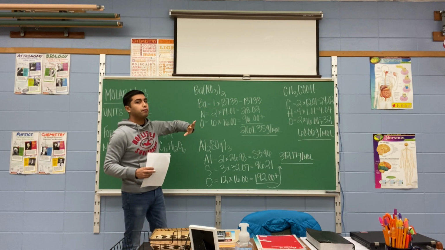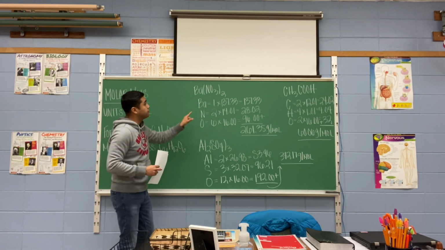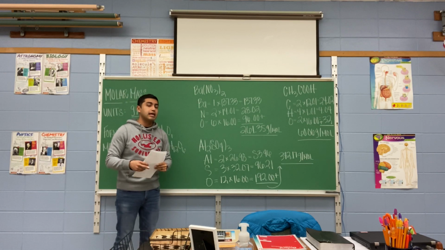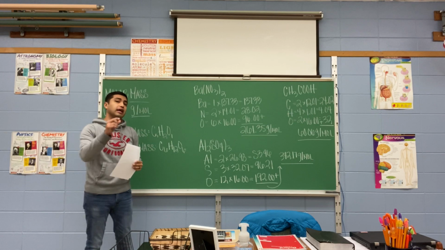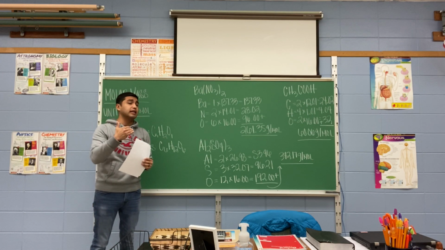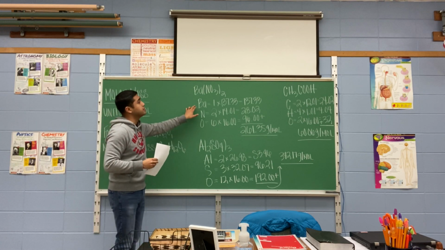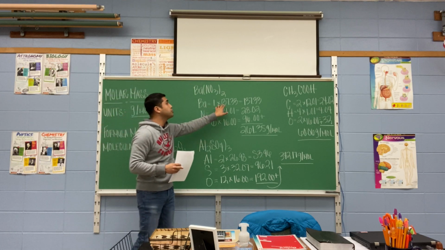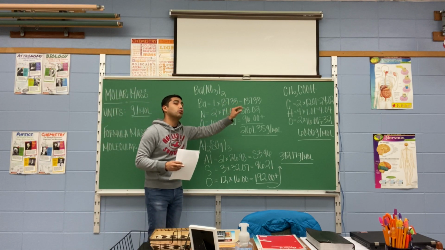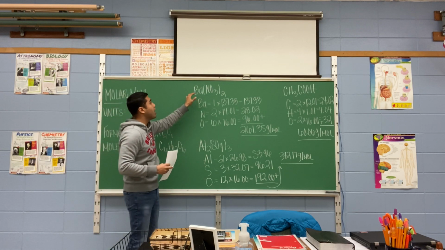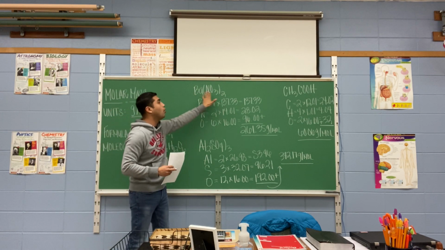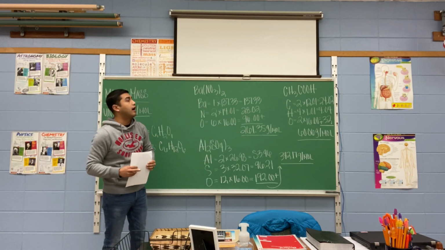Very simple. Then you're going to find barium on your periodic table. It's going to give you a mass, a little number underneath the symbol. For this instance, barium, it is 137.33. That is its mass, its average mass. What you're trying to calculate is the total mass of the entire compound.